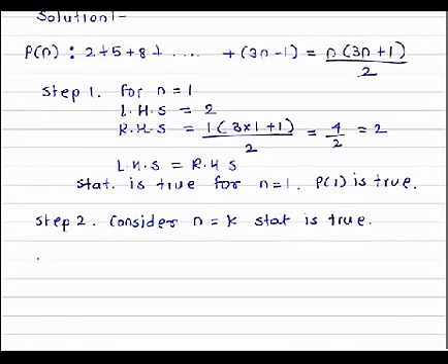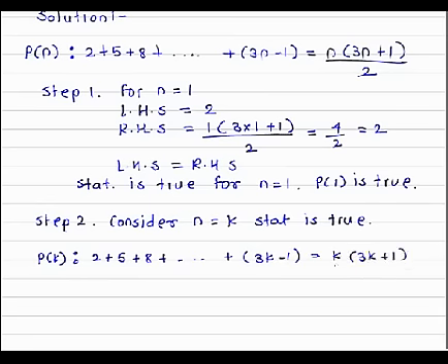We get P(k). So P(k) is 2 plus 5 plus 8 plus and so on plus (3k minus 1) is equal to k(3k plus 1) divided by 2. This is what we want to consider.